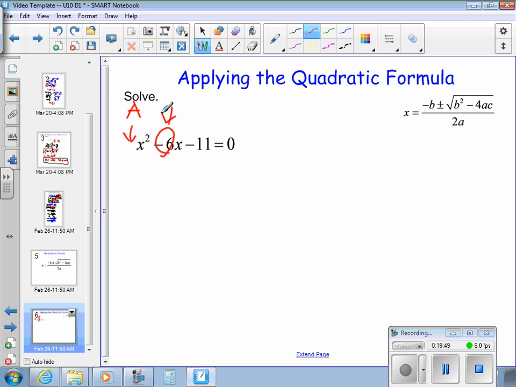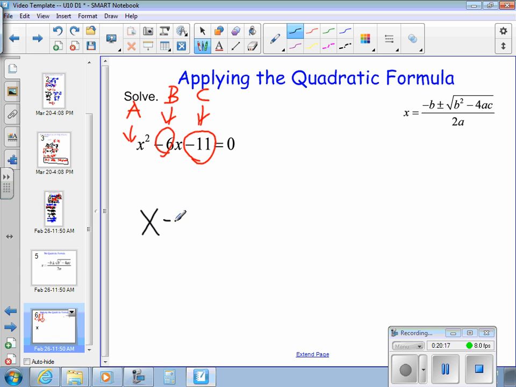This is my b, and this is my c. Should all look familiar to you. And sorry, I was trying to circle the whole 11 and I didn't do a very good job of it. So let's go ahead and fix this. There we go. Okay, so now we're going to plug it in.